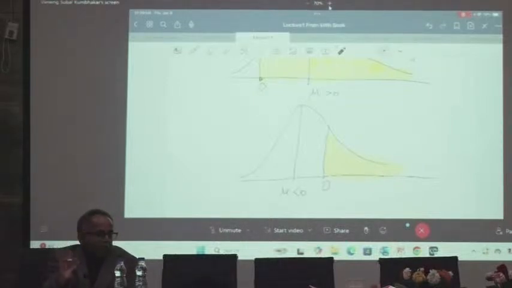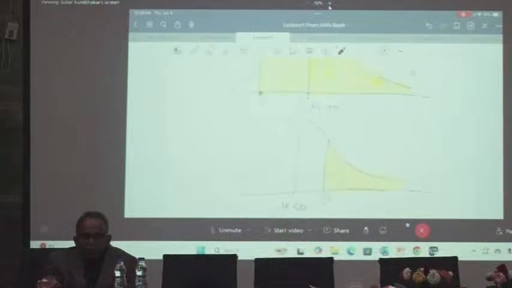Half normal is restricted because it's assuming that the distribution of U is half of the distribution of a normal variable with zero mean. But the mean can be non-zero, and here I show that in terms of positive, how it will look like, and in terms of negative mean, how it will look like. Okay. So then again, the rest of the story is very similar.